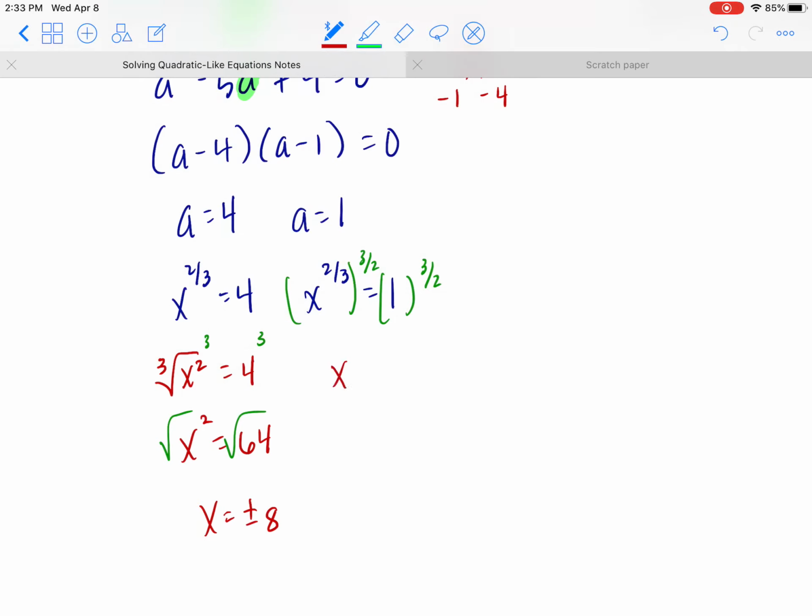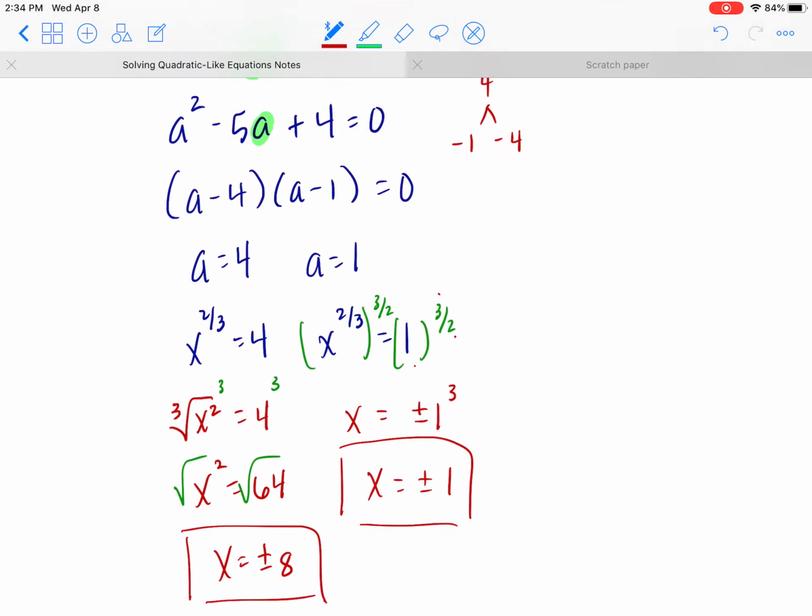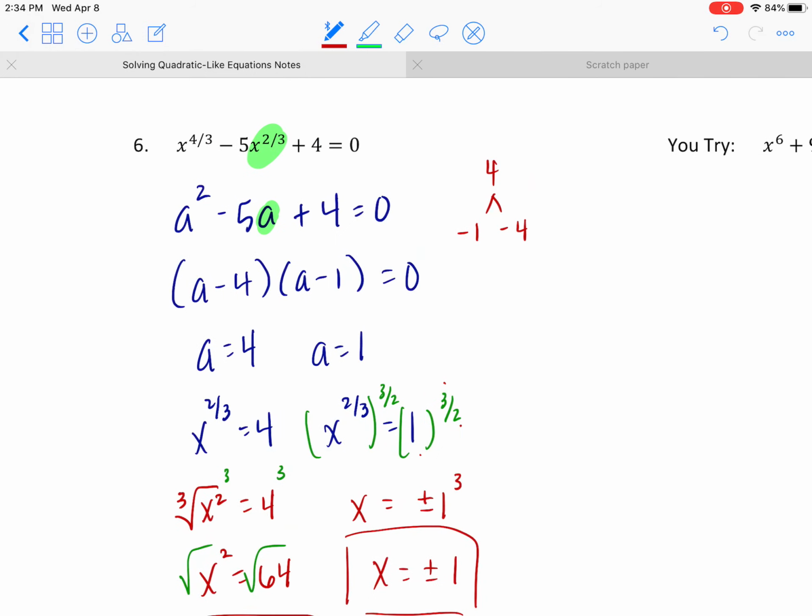And then the other option is to raise both sides to the 3/2 power. So then I would have x to the 1st here, and then I would have the square root of 1, which is plus or minus 1, and then I have to cube that, and so I get, well, 1 cubed is 1, and -1 cubed is -1, so I still get plus or minus 1.